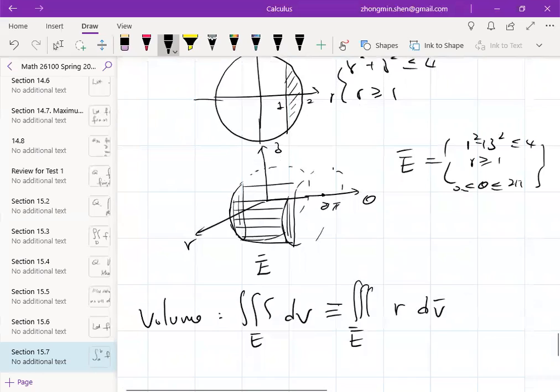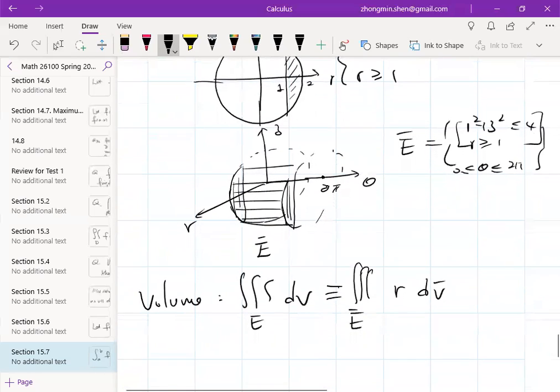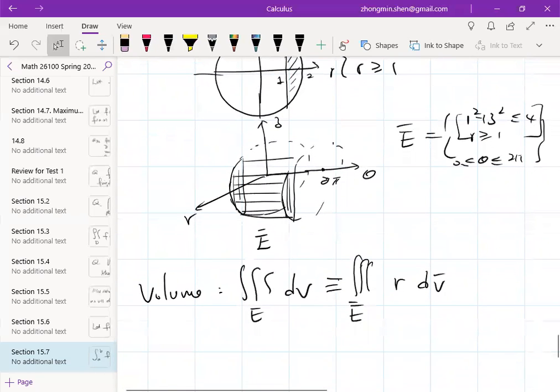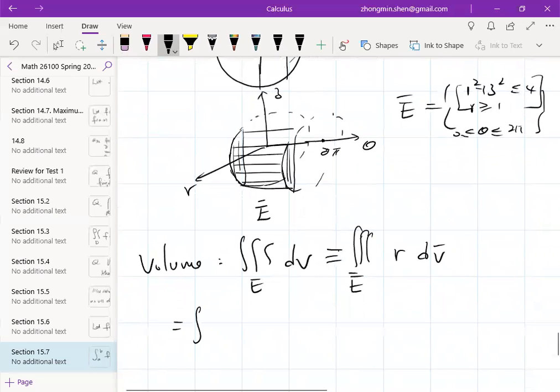So these are called the D, right? This is D, right? And you can write down the triple iterated integral directly, no problem, right?